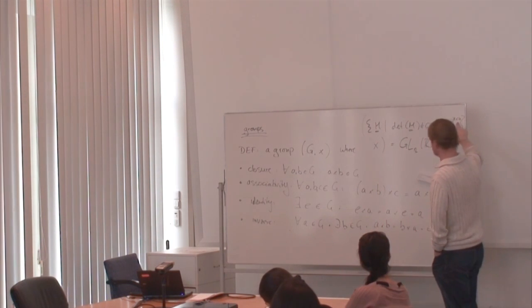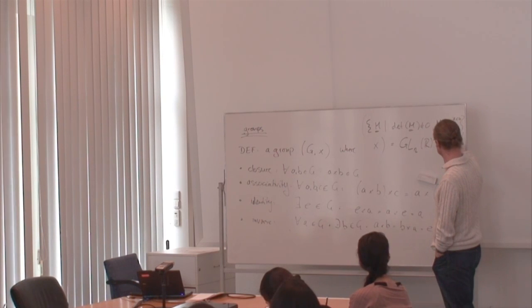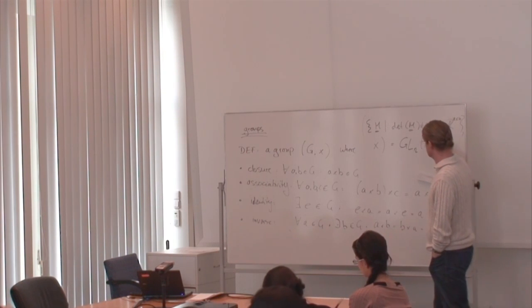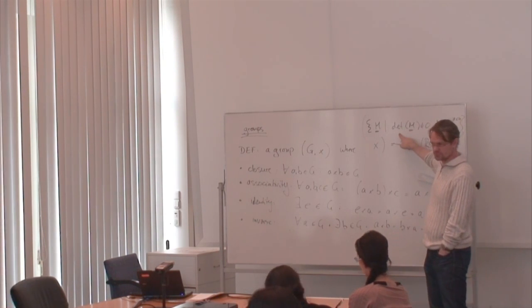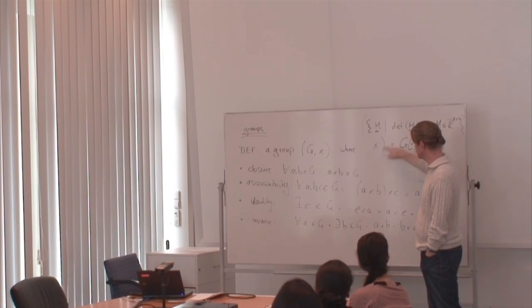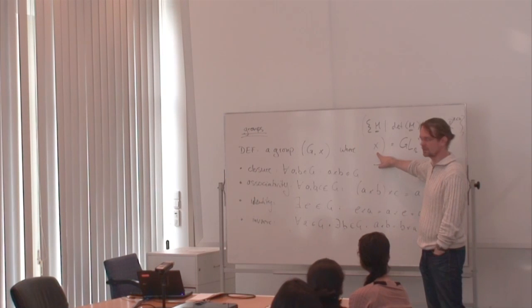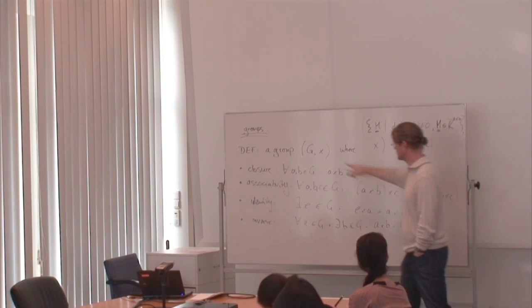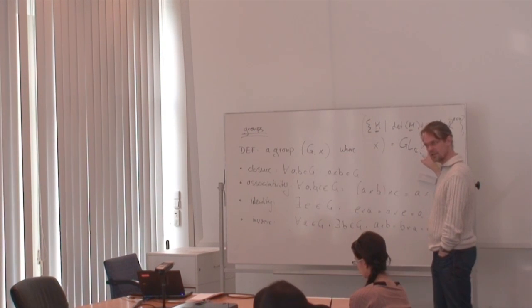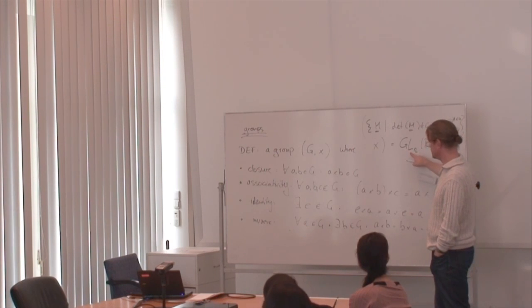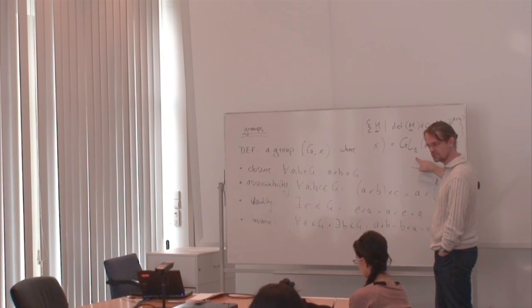Right? We have n by n matrices defined over the reals, and we want them to be invertible. And if we consider this set together with this operation of matrix multiplication, it is a group. This group has a name: general linear group, n by n matrices over the reals.